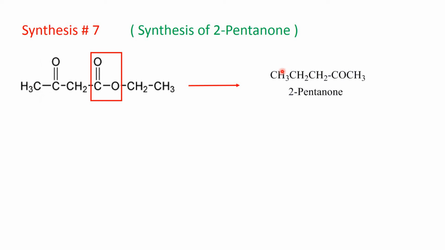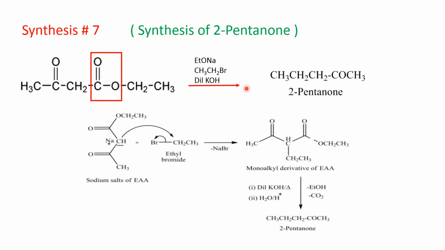So, we have to introduce only this ethyl group. The reagents are sodium ethoxide for carbanion formation, ethyl bromide for introducing the ethyl group, then dilute alkali for ketonic hydrolysis. So this carbanion is formed, then with ethyl bromide the ethyl group is introduced, and then ketonic hydrolysis, we know the cleavage, and after that it forms the 2-pentanone.